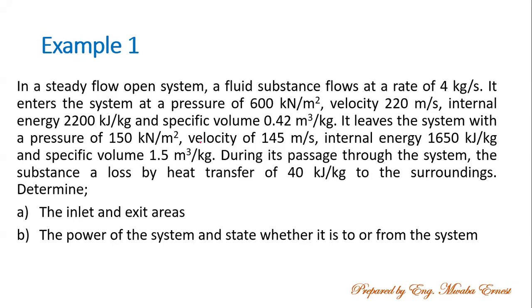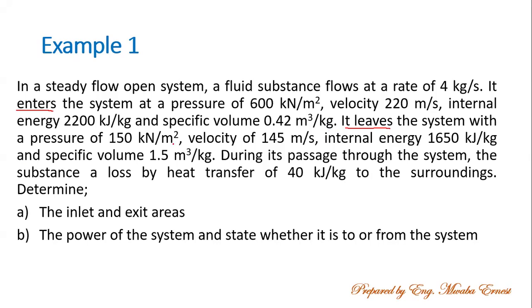Here you can see that we have two sections. There's one where the working substance is entering, then the other part is where it is leaving. So as we write down the data, all this information we have here should be put together on the side of the inlet or entry section.